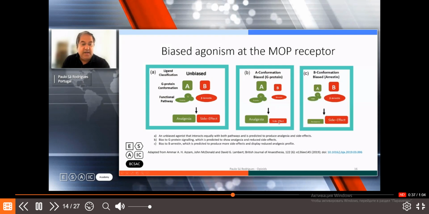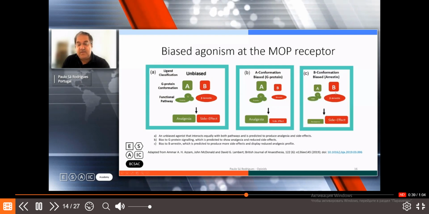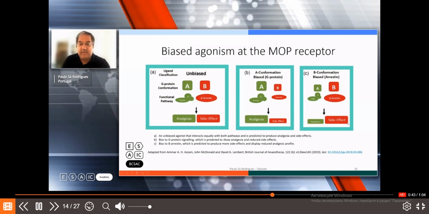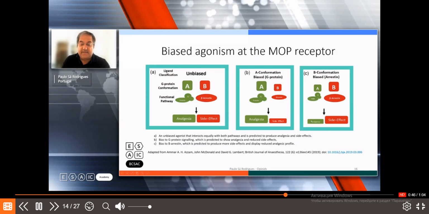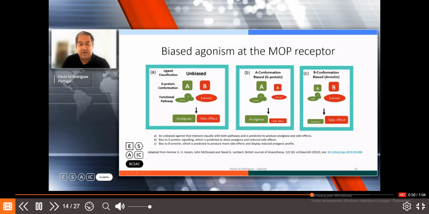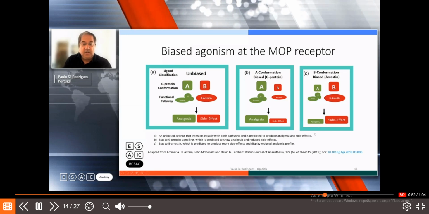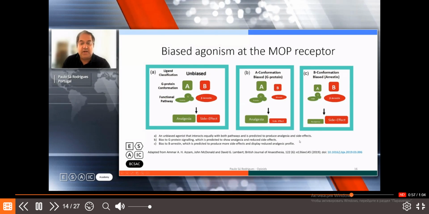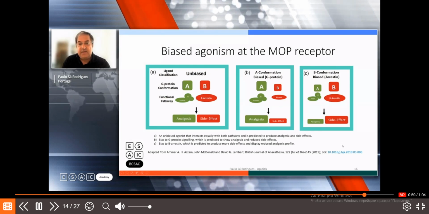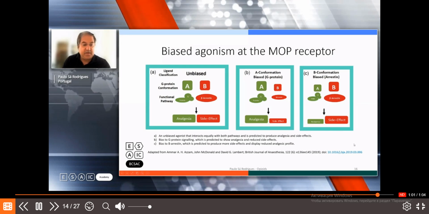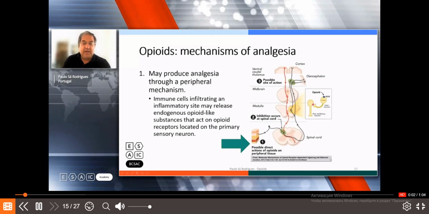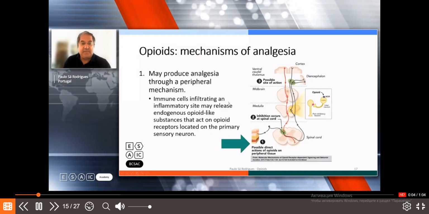On the contrary, if you have a bias to the right side of the pathway of the receptor, you will have more side effects and less of the desired effects, which are mainly the analgesia profile. So this is what we call nowadays biased agonism at the mu-opioid receptor, which is being the subject of extensive investigation.